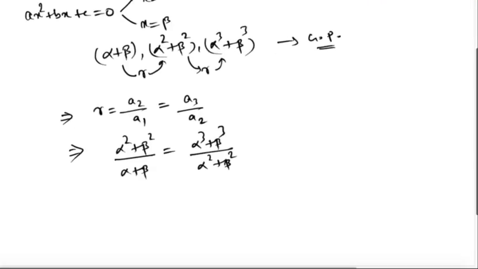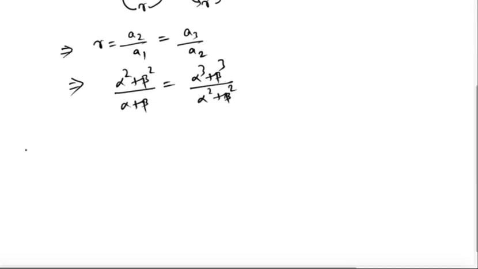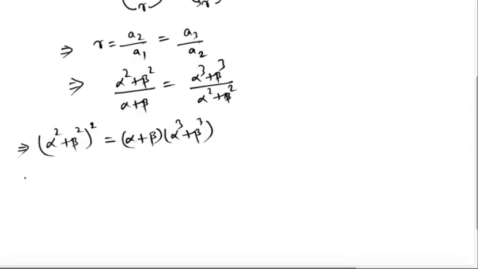Now let's try to solve it further and let's see what we get here. So on cross multiplying, I'll have (alpha² + beta²)² equal to (alpha + beta) times (alpha³ + beta³). On expanding this using the formula of (a + b)², I'll have alpha⁴ + beta⁴ + 2 alpha² beta² equals to, I'll just multiply them.